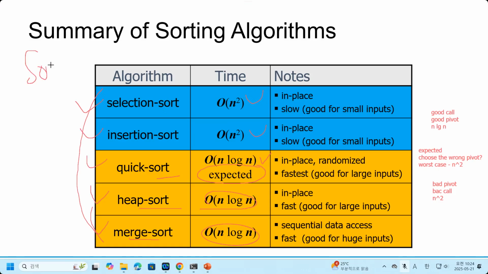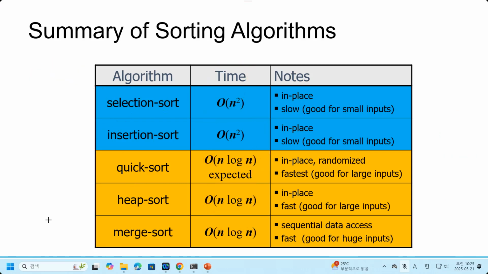Let's say this is what I want to sort. Okay, so the sorting algorithm. I want to do sorting with selection sort or insertion sort or quick sort or heap sort or merge sort. And then you will get the time. Okay, so the time is the complexity. So your team project should do this analysis.